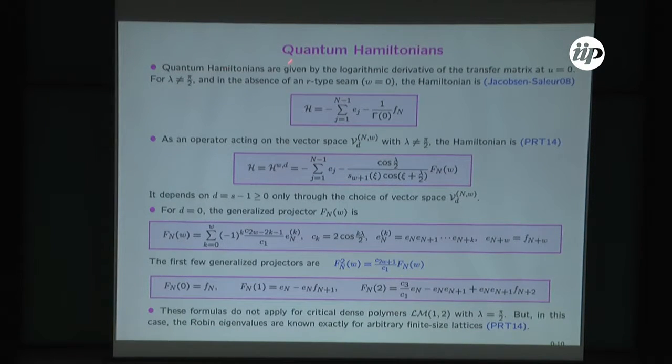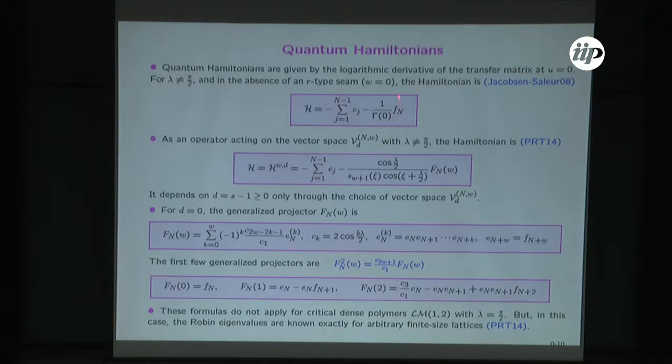So we can construct for each boundary condition commuting transfer matrices. So all we need to do is to take the logarithmic derivative at u equals 0, and we will obtain the Hamiltonians. The Hamiltonian in the case where there is no R-type seam, when W is equal to 0, is very simple. It's just given by the expression of Jacobsen and Saleur in 2008.